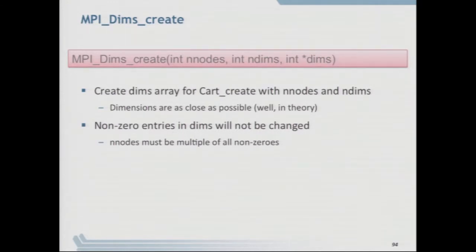In a 3-dimensional case, you could fix one of the sides to be of a particular size. So MPI will not touch that. It will adjust the other two so that the product still works. So those tricks are also there. The non-zero entries of dims will not be changed. So MPI will respect the value you provide, and it suggests the other ones so that it still works for the whole thing.